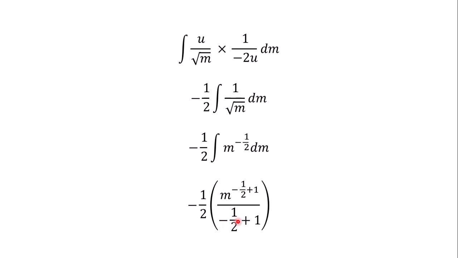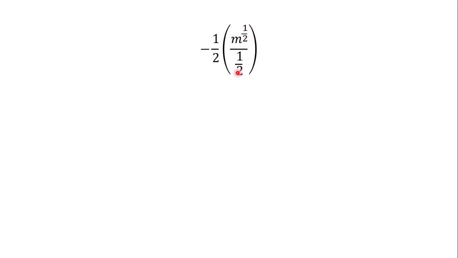And here also minus half plus 1 is going to give us half, that is 1 over 2. Minus 1 over 2 into bracket m raised to the power 1 over 2 over 1 over 2.